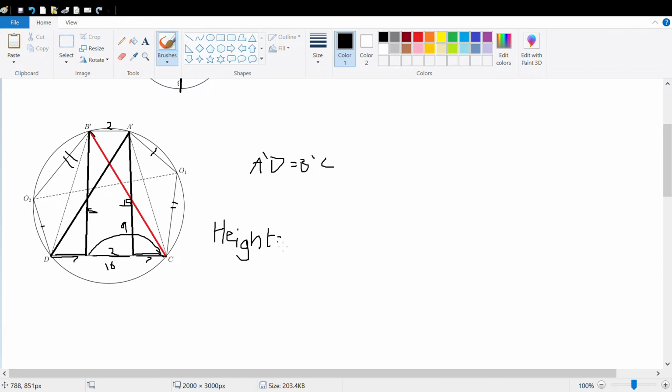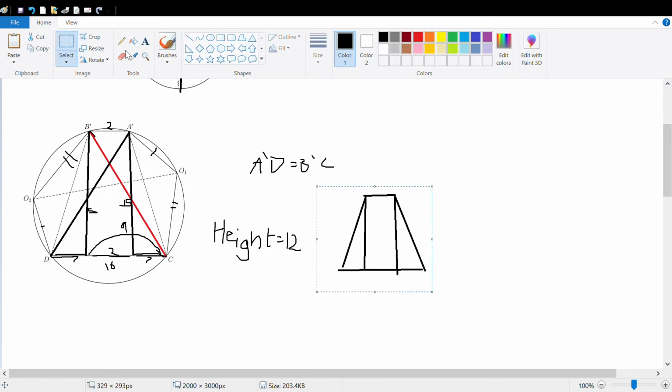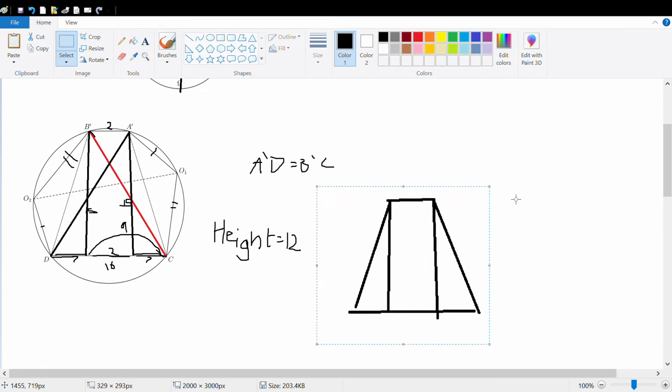Okay, so I'm going to draw this now a second time because now this is a messy diagram. So we have that this is 12. Let's make this bigger here. That's bigger. Okay. So now we know this is 2, this is 2, this is 7. It doesn't look like that, but trust me, it is 7.